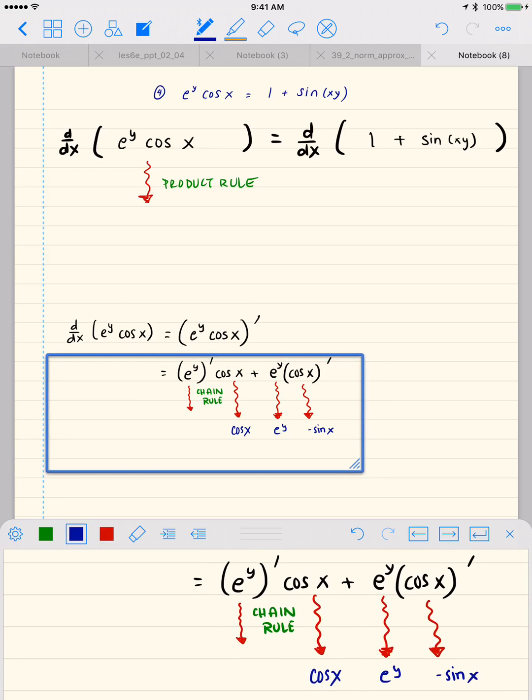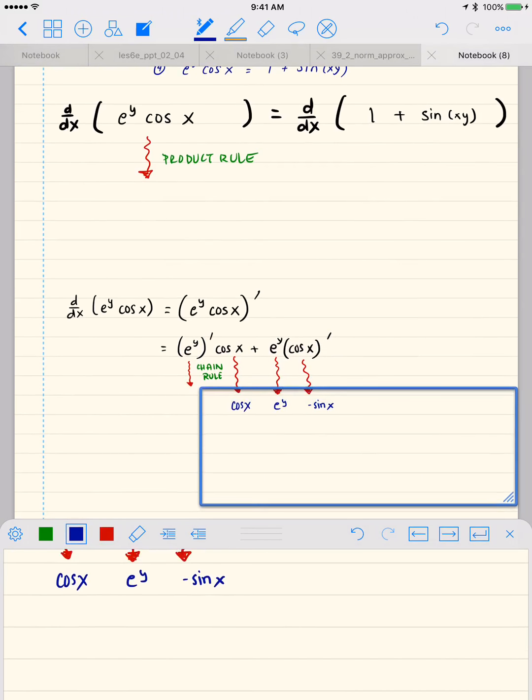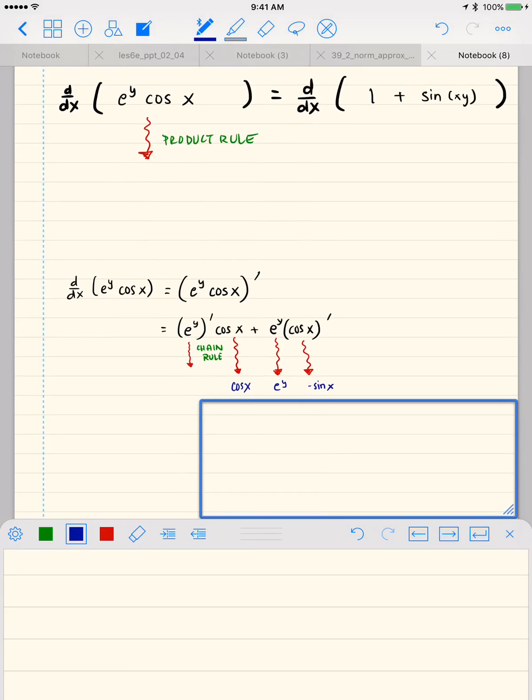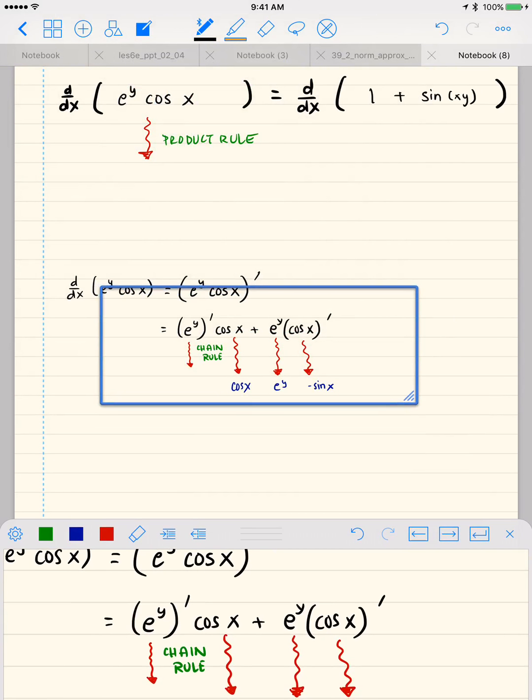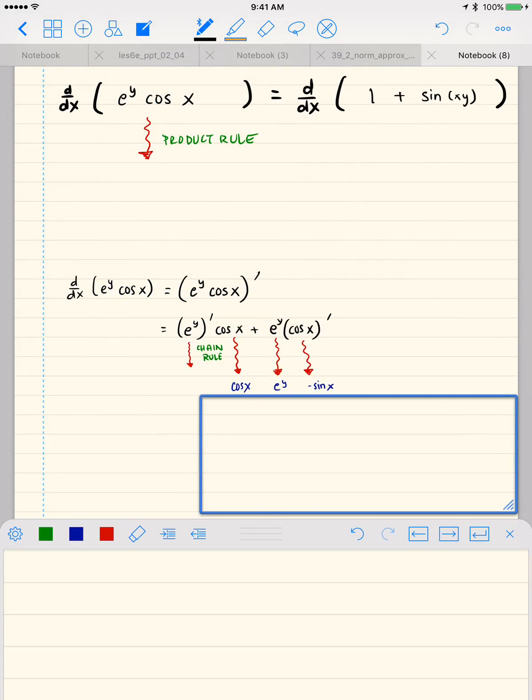Okay. So now let's scooch over here to do the chain rule to find d dx of e to the y. So this is to find e to the y prime. I like to start with the outer.